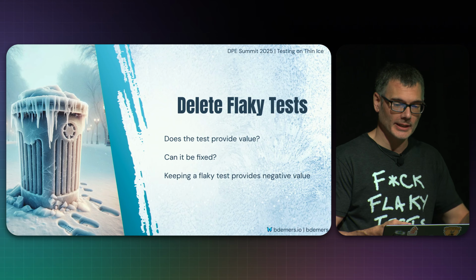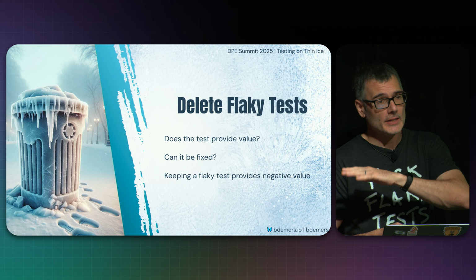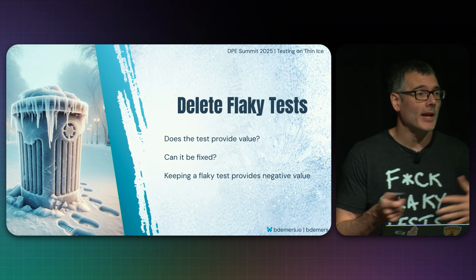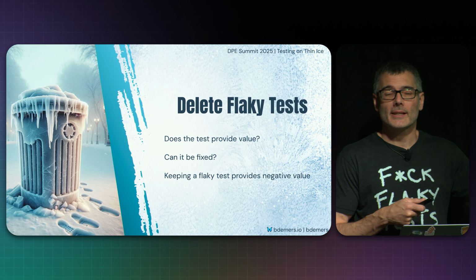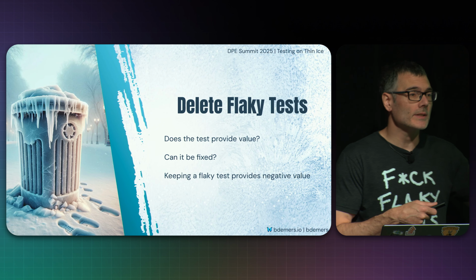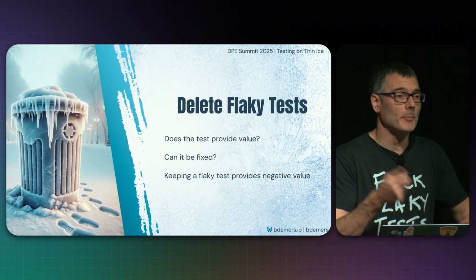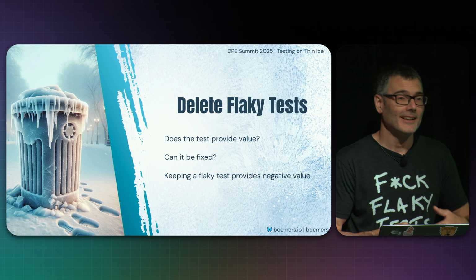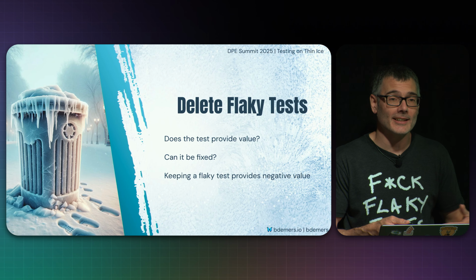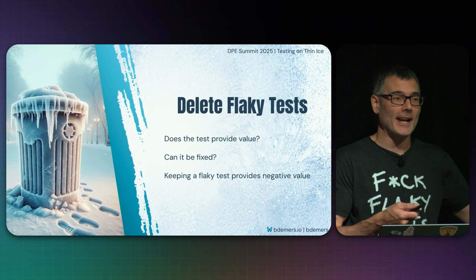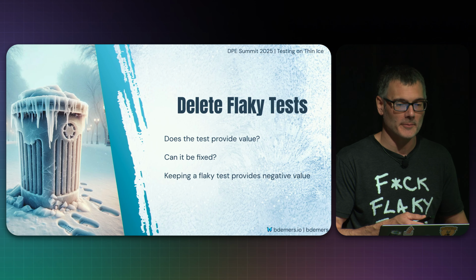Probably not, right? So delete it. So as François mentioned, if you leave that code commented, the test commented out or quarantined for a long time, someone's going to come back and they're going to uncomment it. It starts working again. And then the flaky test is back in the system, a couple days later.